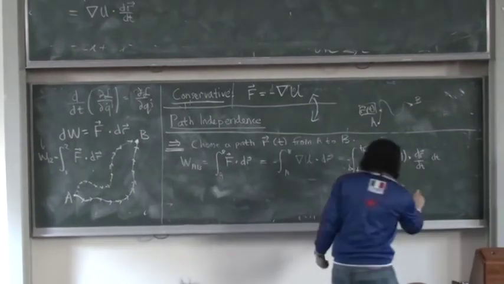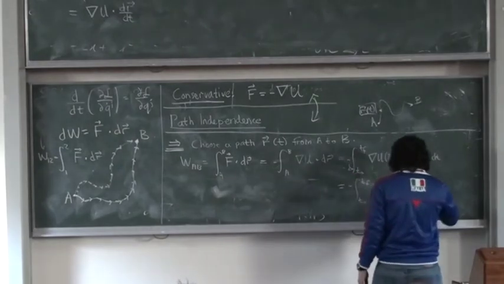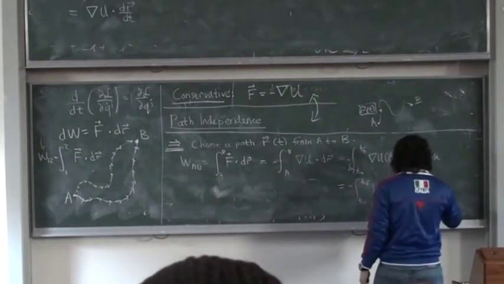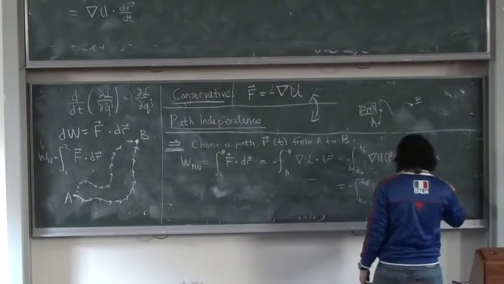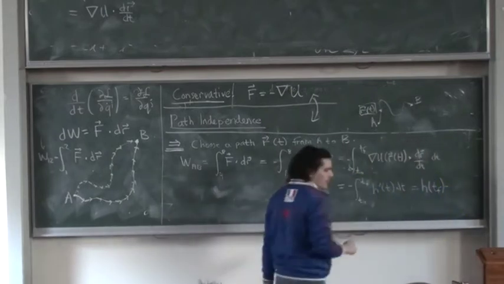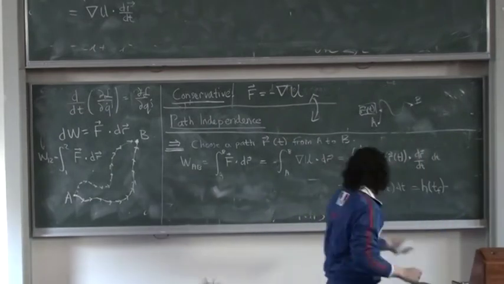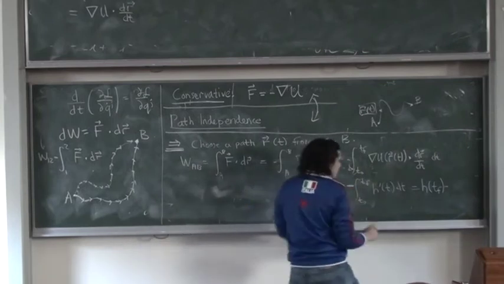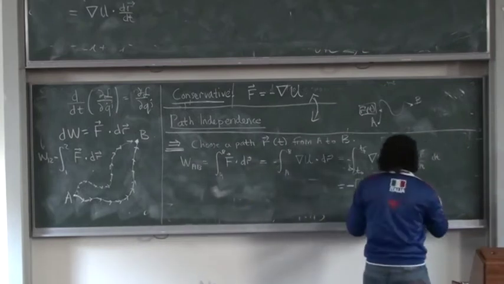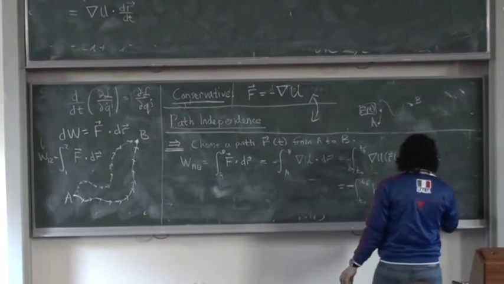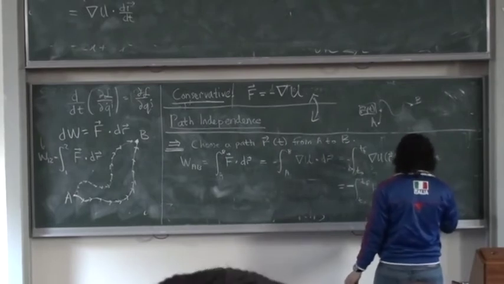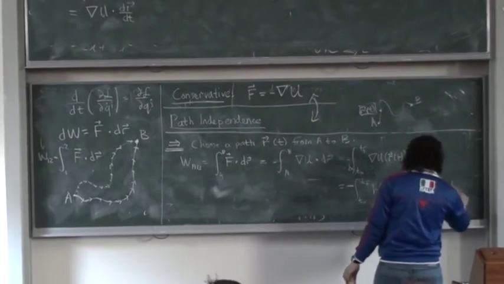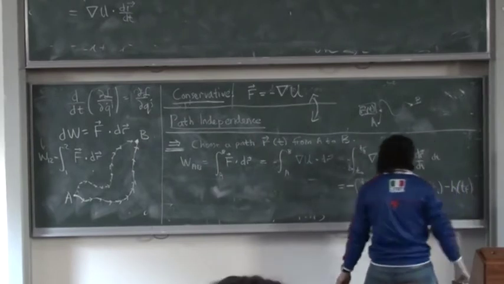So this is simply equal to h of tf minus, oh wait, there's a minus outside. That'll make you reverse everything, right? That's the minus here. So it's h of t0 minus h of tf.